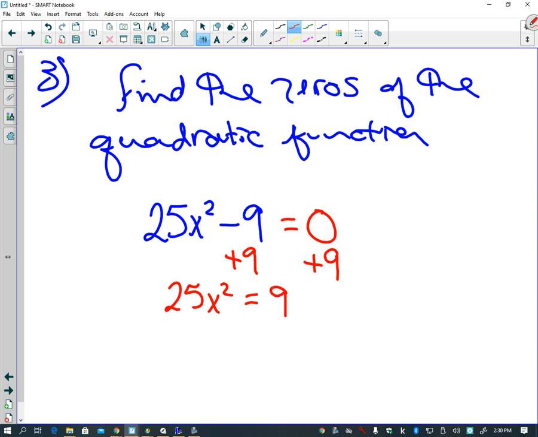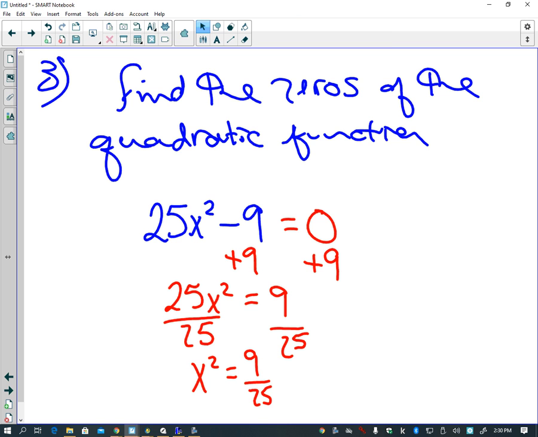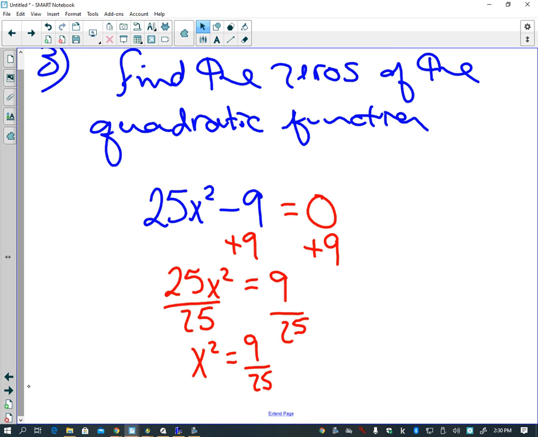Divide by 25. Okay, so x squared equals 9/25. Square root it. Okay, what does x equal? Nope.